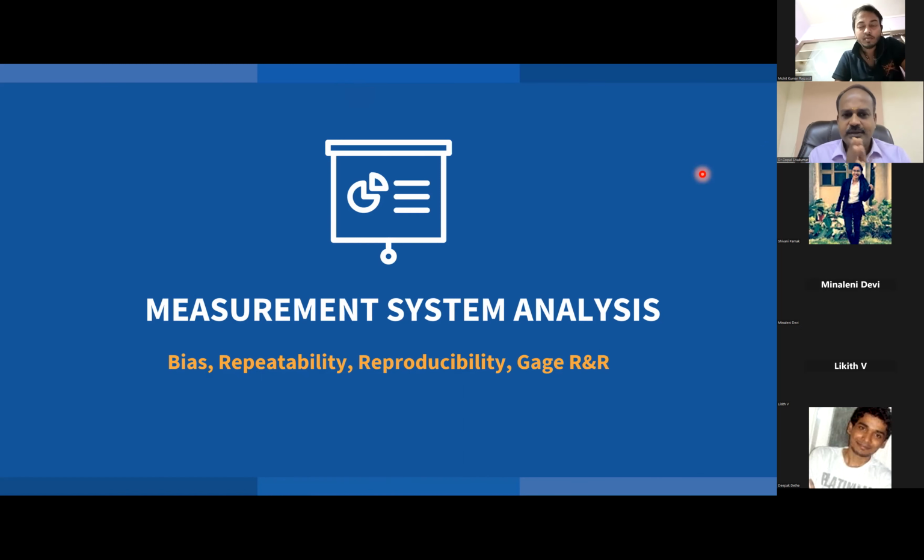What is bias? The difference between the average of the readings, or average of the observations, and the true value. If there is no difference, then bias is 0. Your reading is accurate, but that's very, very rare. And the bias can be positive.